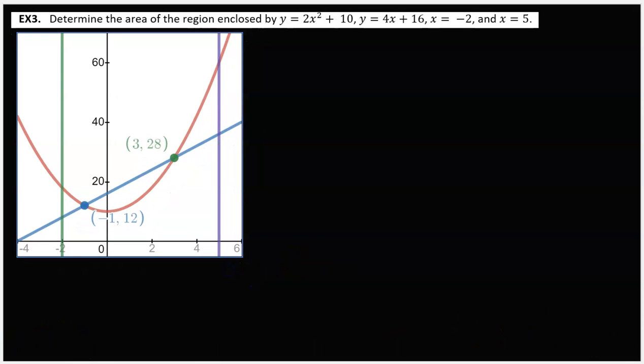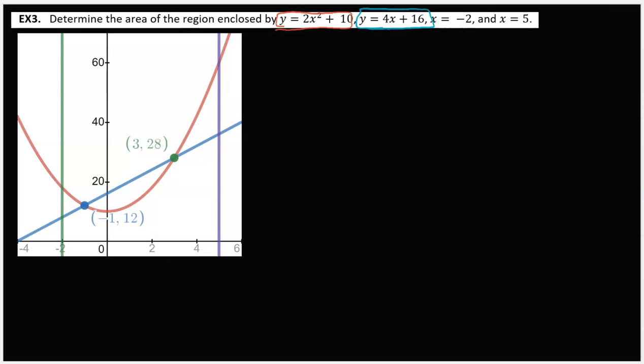So we have the region between these curves here. The red is the parabola, and the blue is the line.